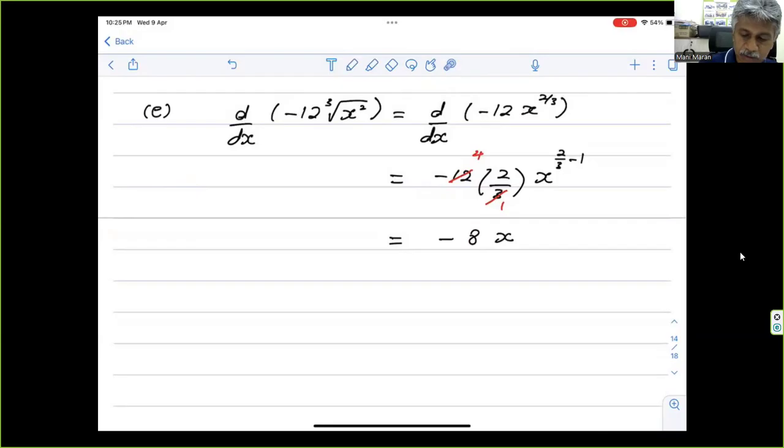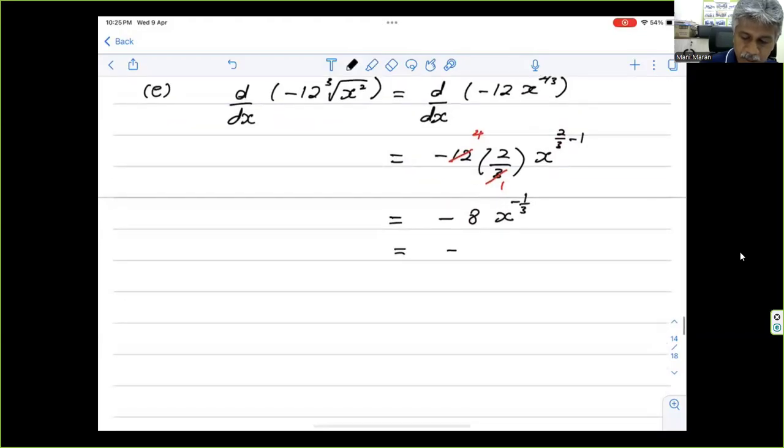Remember all this fraction work. You studied this in primary school, maybe lower secondary school. Remember how to subtract fractions. This will give you negative 1 over 3. So this will give you negative 8 over x to the power 1 over 3. You can rewrite and simplify this as negative 8 over the cube root of x.